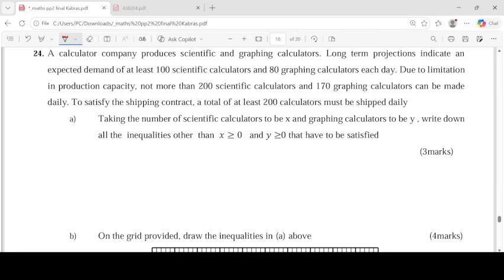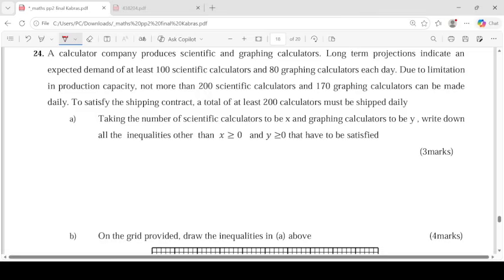So, when we look at that particular question, you can see we are being told that long-term projections indicate that expected demand of at least 100 scientific calculators. What does it mean? If scientific calculators are X, at least 100. So this means X should be greater than or equal to 100. And 80 graphic calculators, meaning also that Y should be greater than or equal to 80.